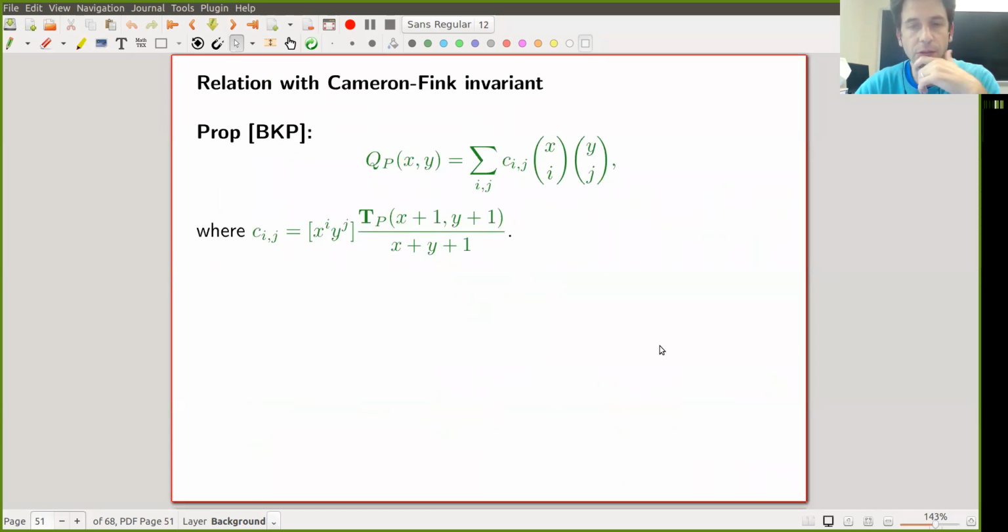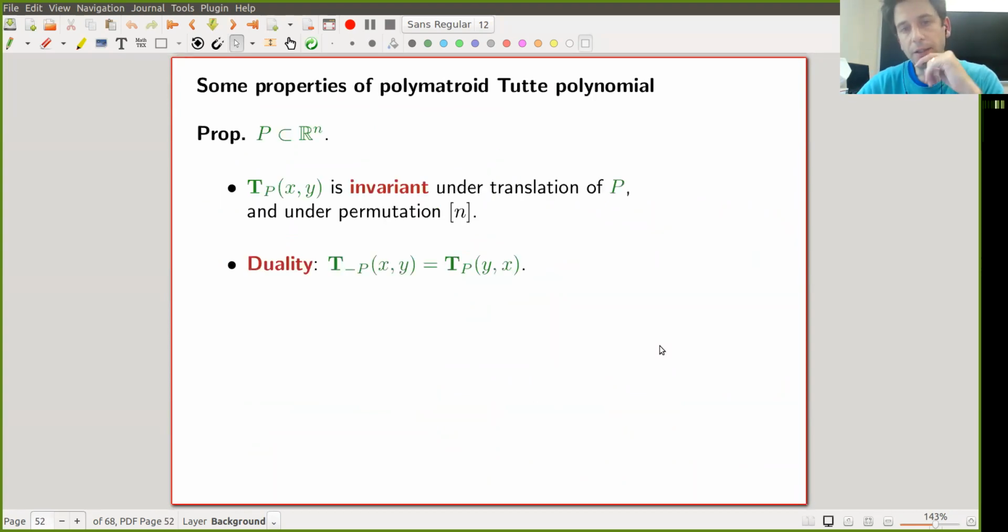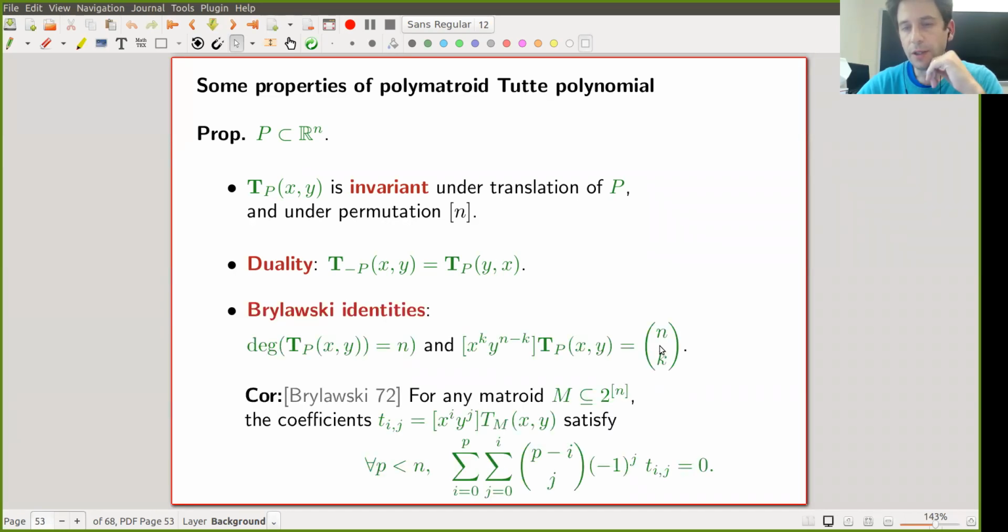It's equivalent to the Cameron-Fink invariant that I mentioned earlier, this Hartley-type invariant. And it satisfies some of the properties of the Tutte polynomial, like duality, a property that generalizes well. There is a nice way to understand the Brylawski identity at that level that is much more natural than at the matroid level.